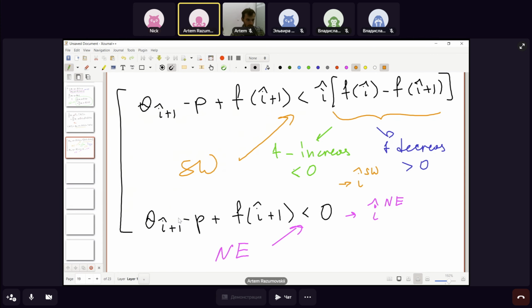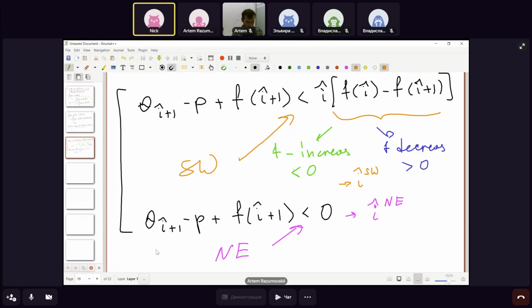So what we compare here is the difference between social optimal and Nash equilibrium, depending on the function which represents the network externalities. Well, Nash equilibrium is more strict. Why?